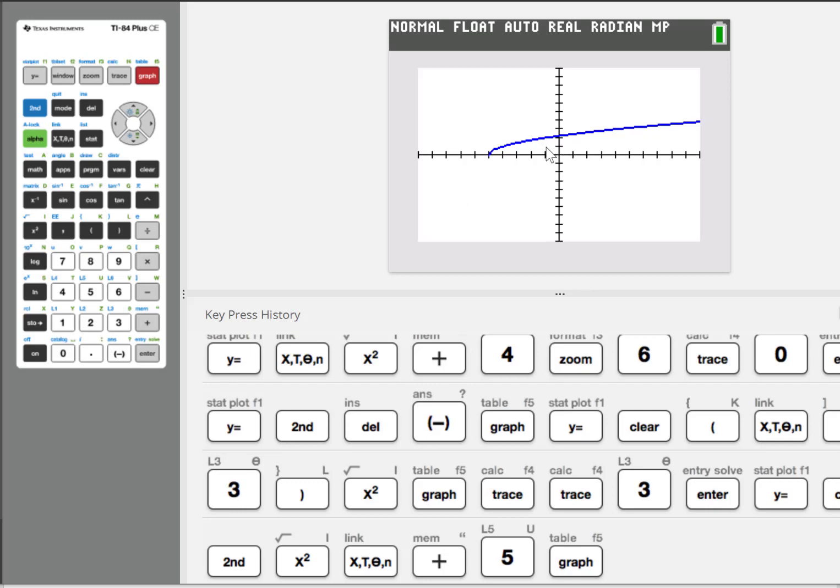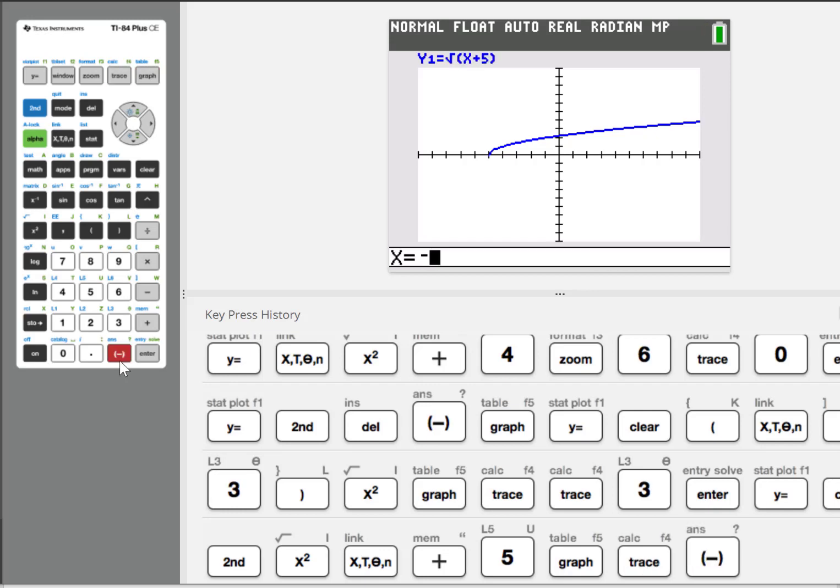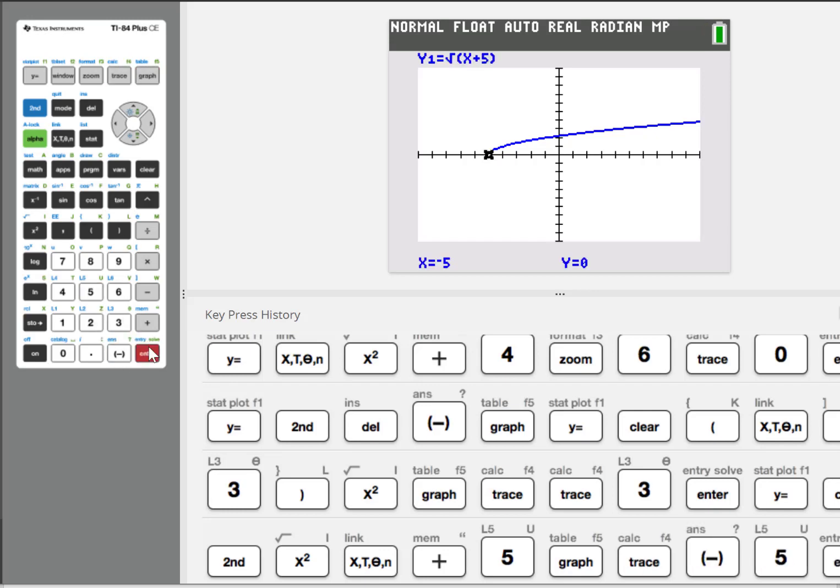It looks to me like the farthest number to the left, 1, 2, 3, 4, this would be negative 5. Let's make sure that that's actually on there. If I trace with negative 5, yep, negative 5, 0. That's actually helpful for the range too, because clearly the lowest y value on here is that 0 spot.